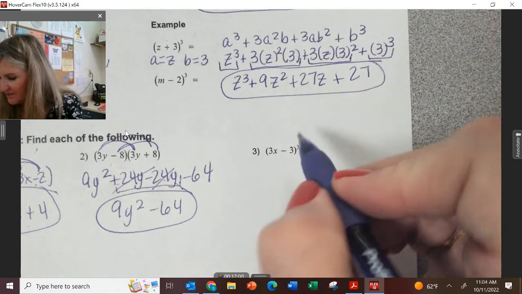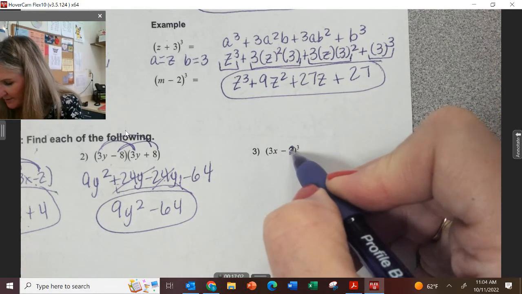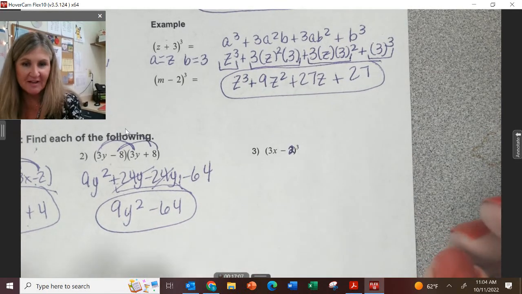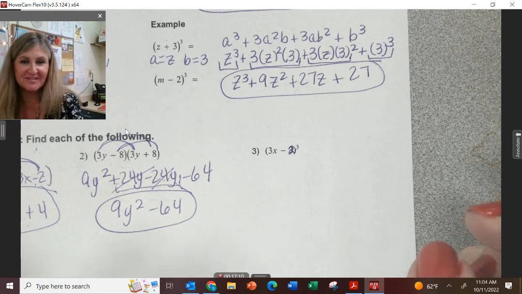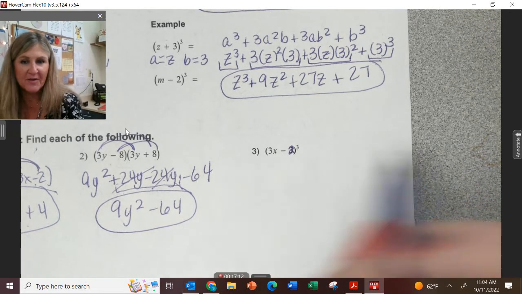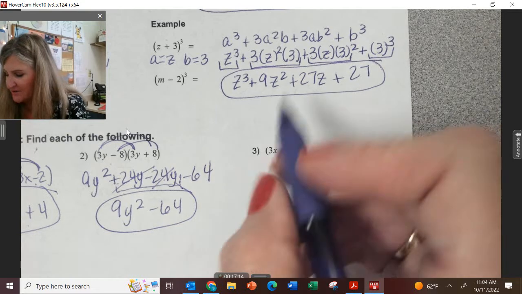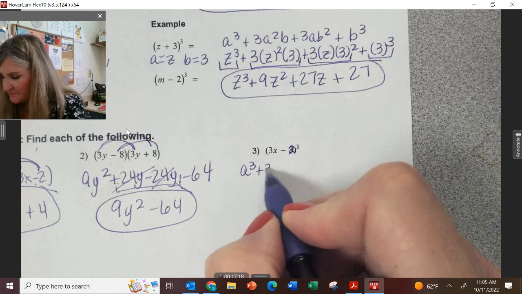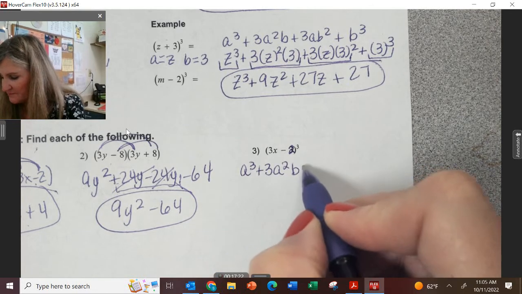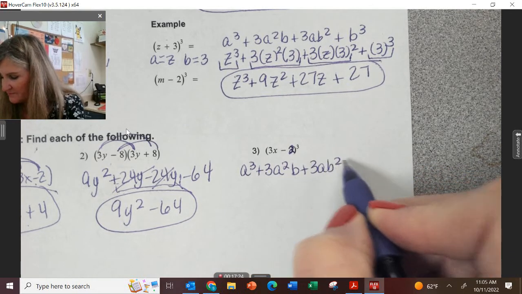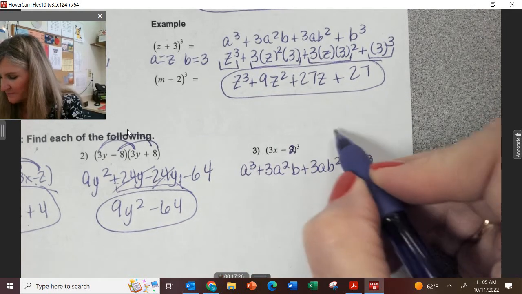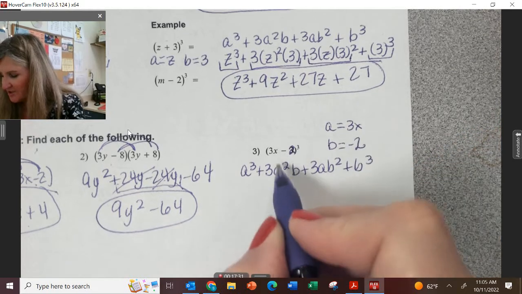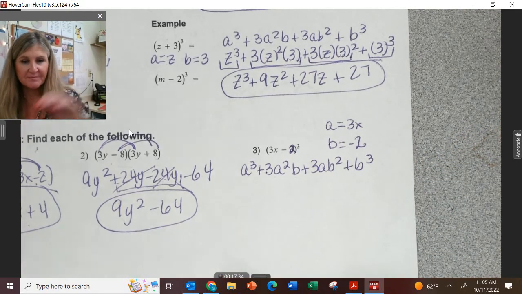All right, I want to change this one to a 2. Make that 3x minus 2. Let's try using this formula. If you want to try it on your own, you can just try it on your own. I'm not going to talk all the way through this one. So try using the pattern that we talked about. Write down what A is, write down what B is. And change that B value to that.